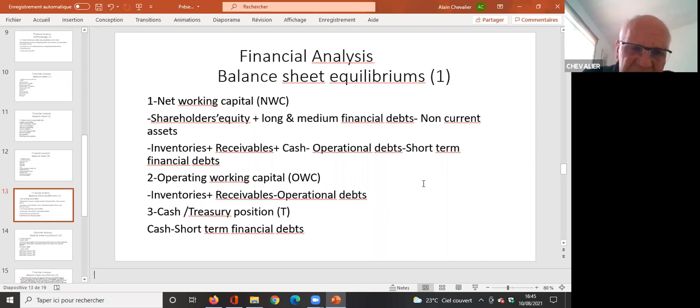But the policy in the companies on operating working capital, either to reduce the positive operating working capital or to increase the negative operating working capital, is constant. This is one of the main policies of CFOs.